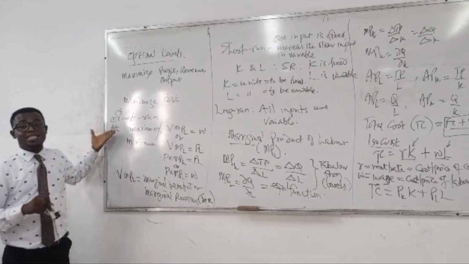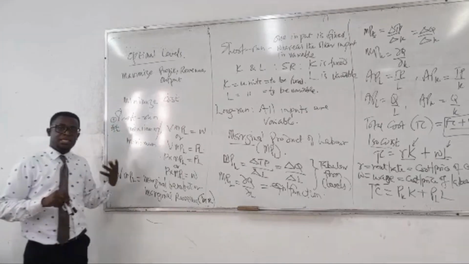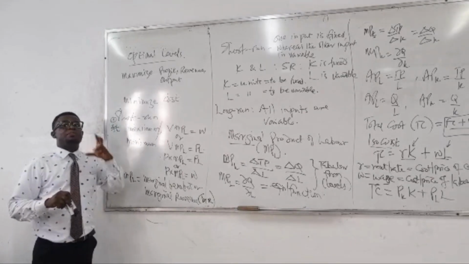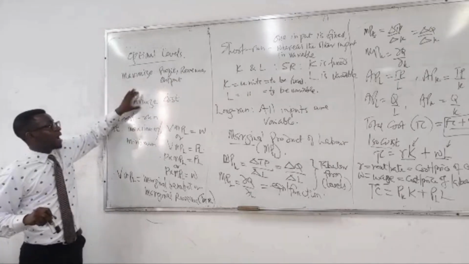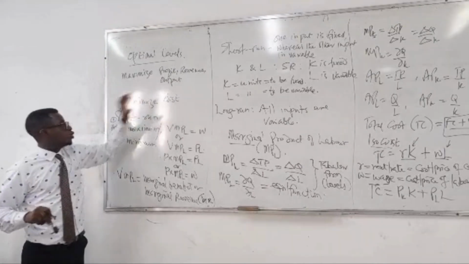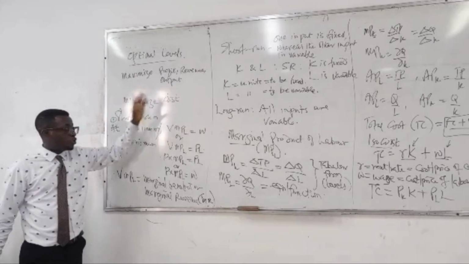That's when it's in the short run. If you ascertain that the production is in the short run, then you have to determine the maximum profit, revenue, or output, or the minimum costs. We have to first take the short run maximization function before we start solving.